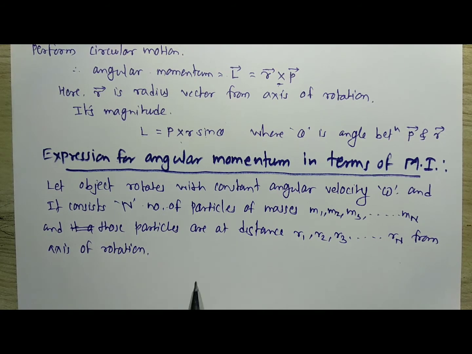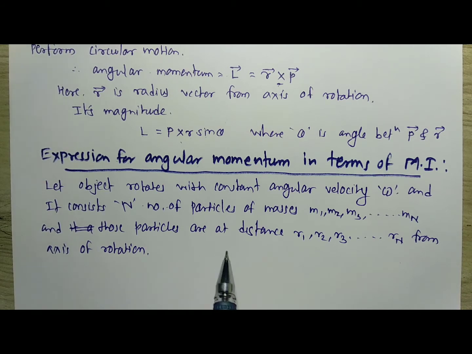At that time you can first calculate the linear velocity of those particles, and then consider angular momentum in terms of moment of inertia. First, let us get the diagrammatic representation as follows.